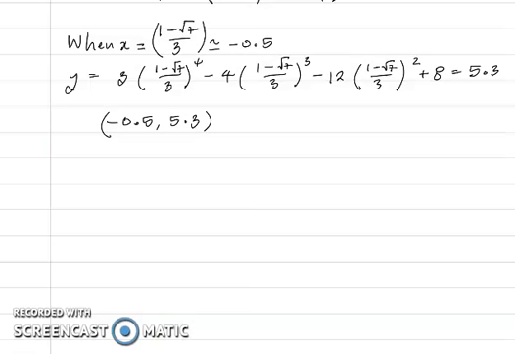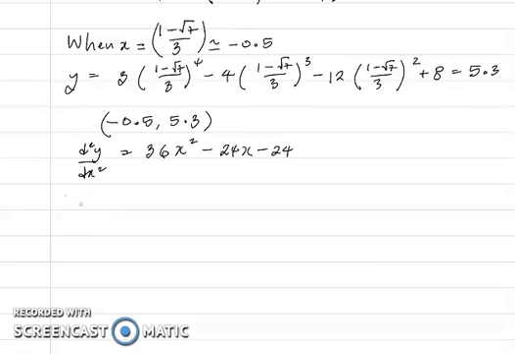So we could write it again: d2y by dx squared, which is equal to 36x squared minus 24x minus 24.